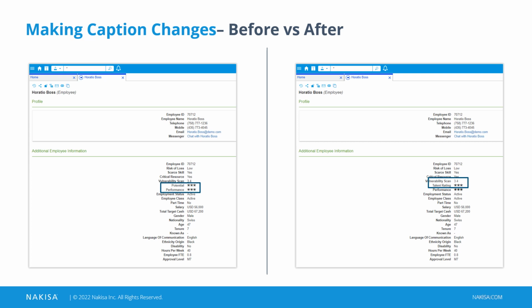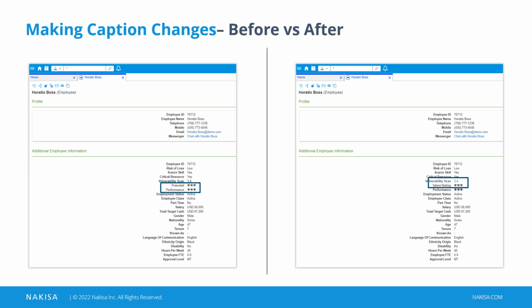This change would make it easier for their users to identify the field without any more confusion. So what you have on the left hand side is the employee details page with the potential field, and the right hand side contains the same field which is renamed to talent rating.